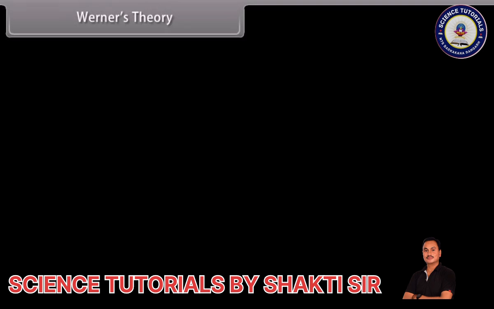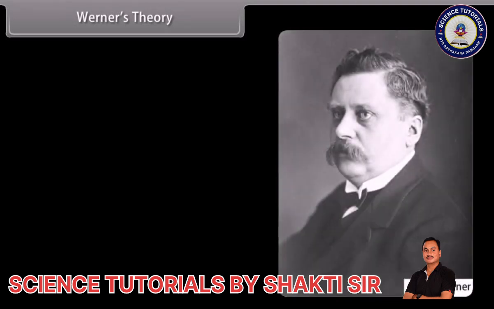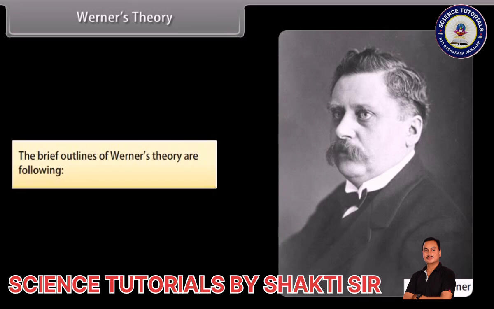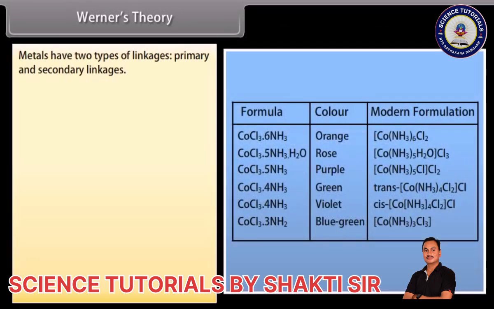Werner's theory. In 1893, Alfred Werner successfully explained the properties of coordination compounds in terms of their structure. The brief outlines of his theory are as follows. Metals have two types of linkages, primary and secondary linkages.